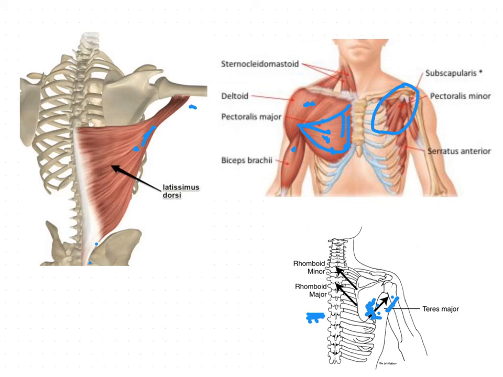So this is the contribution of the rhomboid muscle and the teres major muscle in the function of depression of the shoulder complex.